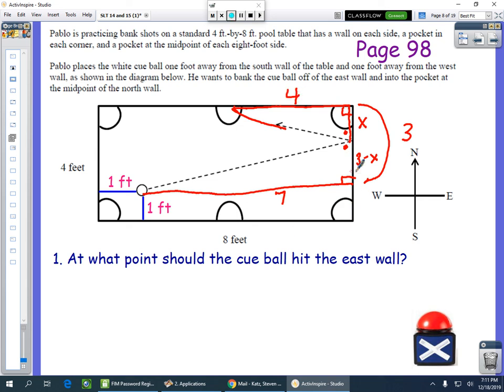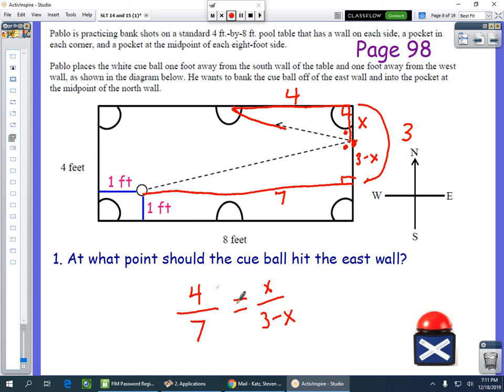I have all the information except for these lengths, which will tell us exactly how to aim that ball. So let's do a little proportion: 7 is to 4, the length of 4, as x is to 3 minus x.